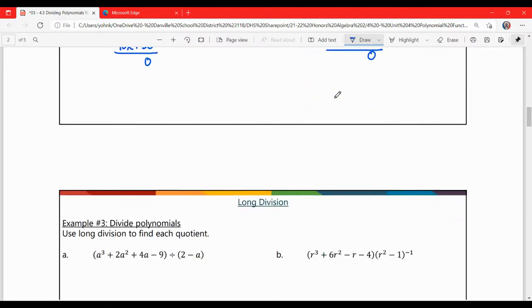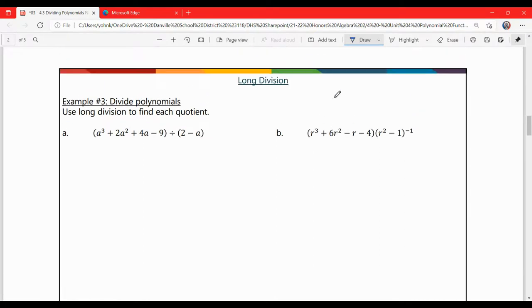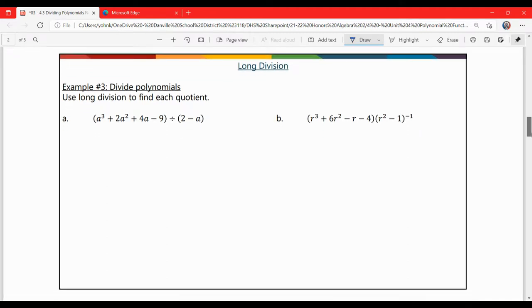All right, so let's change the format a little, and notice for letter A in this one, the directions still say to use long division to find the quotient, but I'm going to mix it up a little bit in terms of what you're dividing. So if you look at letter A, I have a cubed plus 2a squared plus 4a minus 9. And notice I'm dividing by 2 minus a.